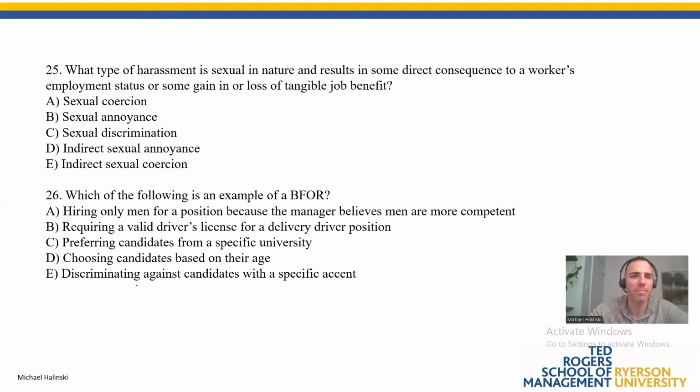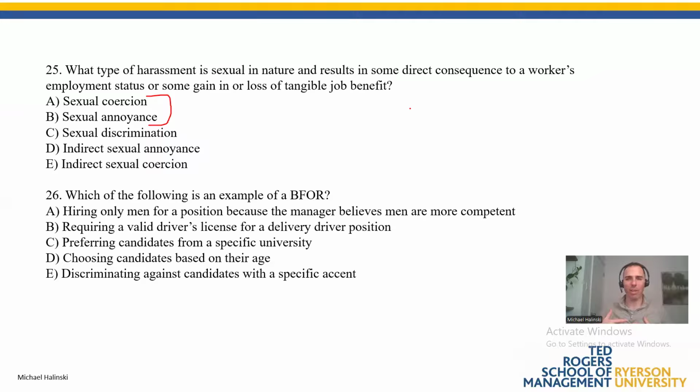What type of harassment is sexual in nature and results in some direct consequence to a worker's employment status or a gain or loss of tangible benefit? There were two forms of sexual harassment, which we described in detail in class. Sexual coercion was the one that related to a job benefit.